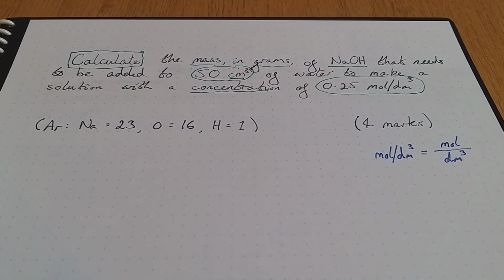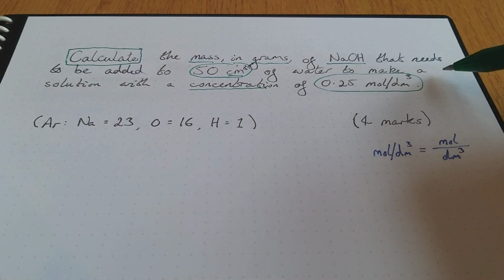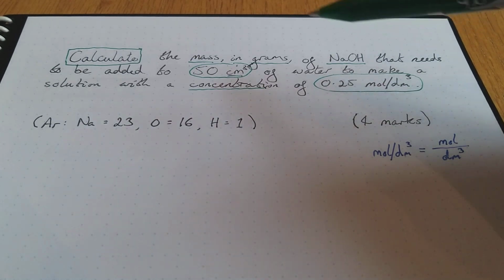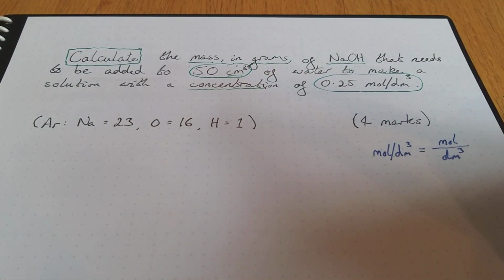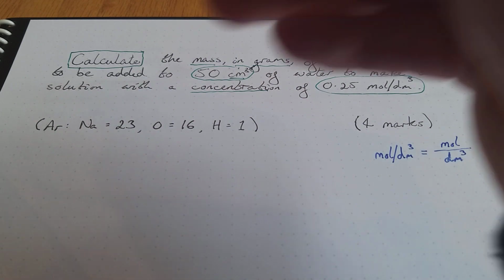Let's circle that number. So the first thing that jumps out at me is that the units for the concentration is moles per dm cubed, but the unit for the volume that we've given is in centimetres cubed. So we need to remind ourselves of the conversion of centimetres cubed into decimeters cubed.